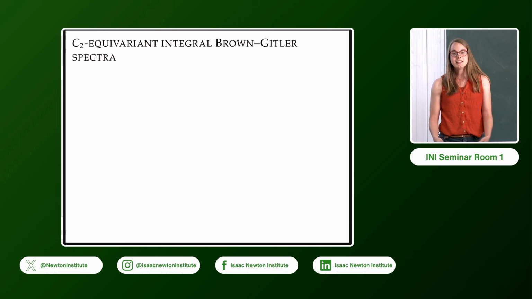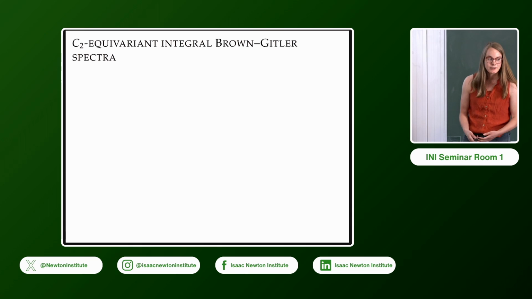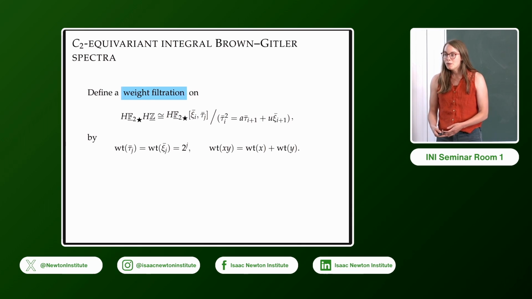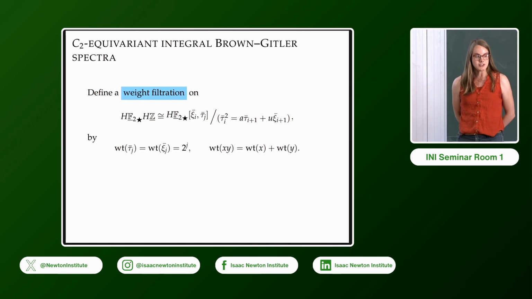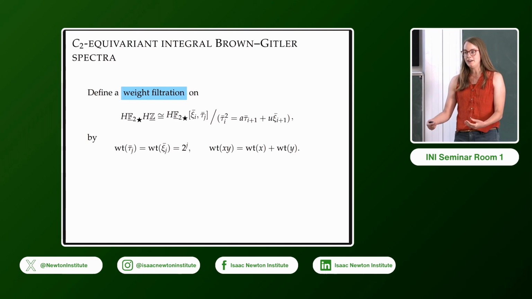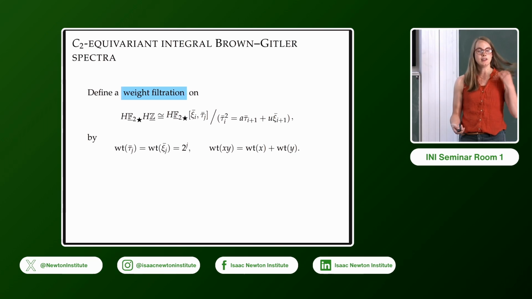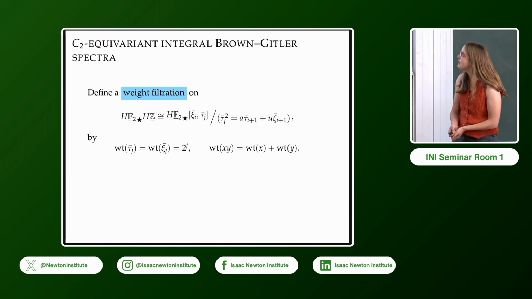And to do that, I want to tell you a little bit more about C2 equivariant integral Brown-Gitler spectra. So we're going to define a weight filtration on the homology of HF_2. So we have generators ξ_i and τ_i. These live in equivariantly graded degrees.